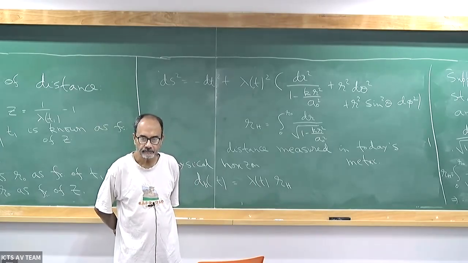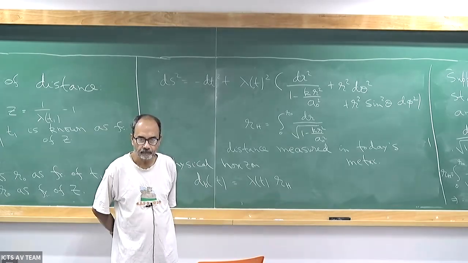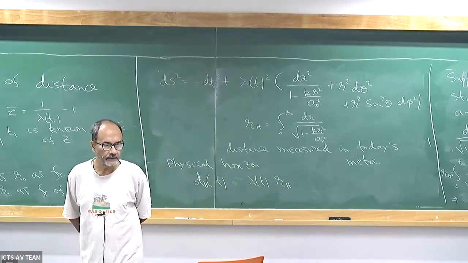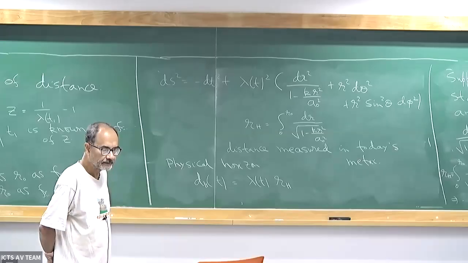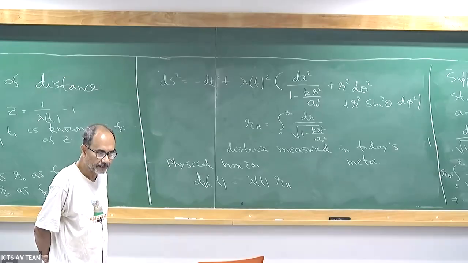It would have been smaller. DH is smaller than RH, because you are talking about t less than today's time. If we consider t larger than today's time, then DH will be larger than RH.